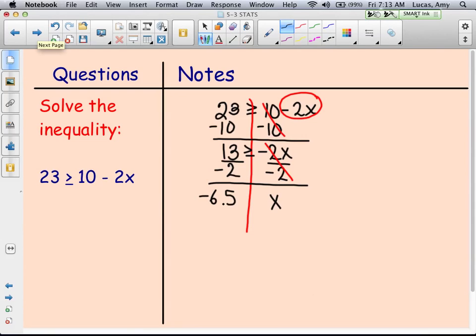And you have to remember from lesson 5.2 that dividing by a negative number, in order to keep your inequality true, you have to flip your symbol around. So my solution is now x is greater than or equal to negative 6.5 if I write the variable on the left-hand side.